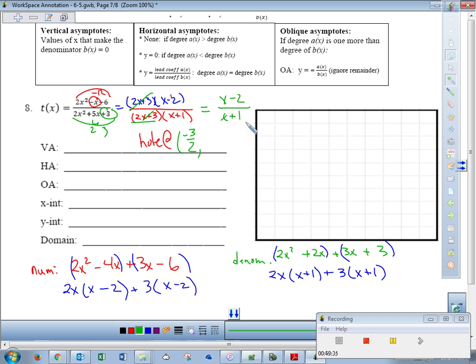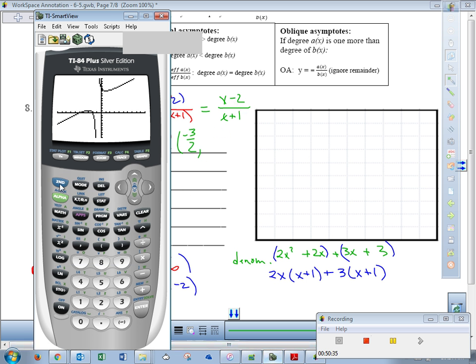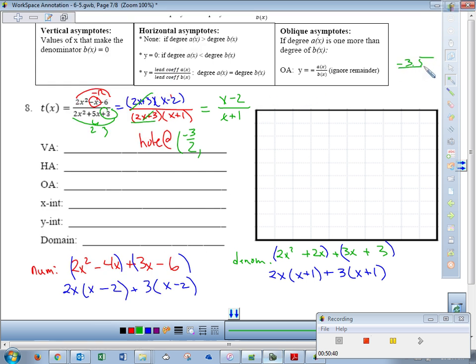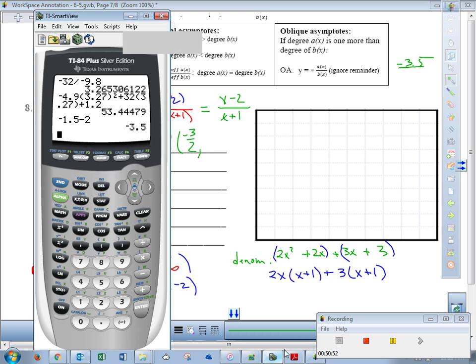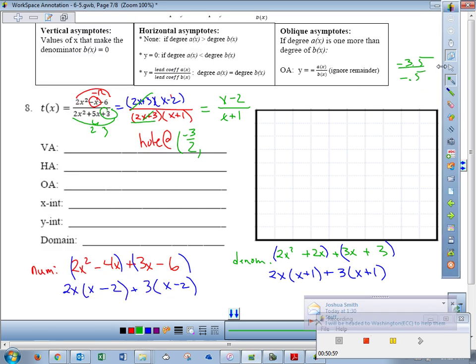And your job is to put negative 3/2 in for x, which I would rather put negative 1.5 in for instead. So grab the calculator and say I want negative 1.5 minus 2, which is negative 3.5. Negative 3.5 is what my numerator turned out to be, over negative 1.5 plus 1, which is negative 0.5, correct?